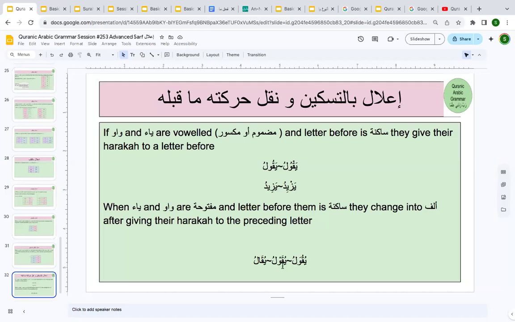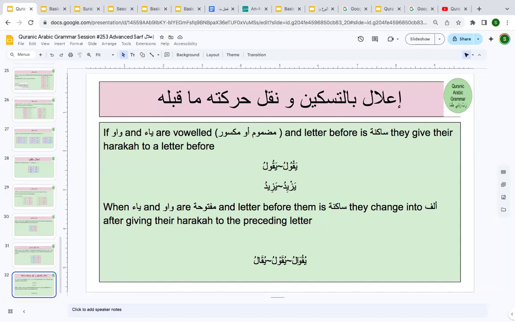So then what happened? In this case, waw again had an exchange, and it gave its fatha to the letter before.